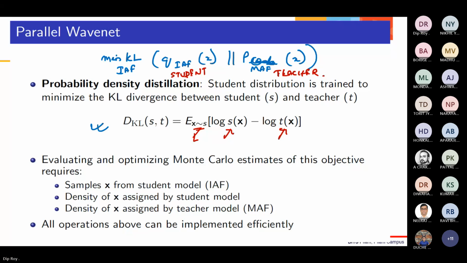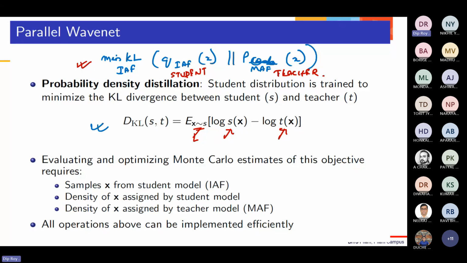And what you are going to do is ultimately nothing but minimize the KL. As soon as you minimize the KL, you know that your student model's distribution is approximating the teacher model distribution well, and your model is now trained.